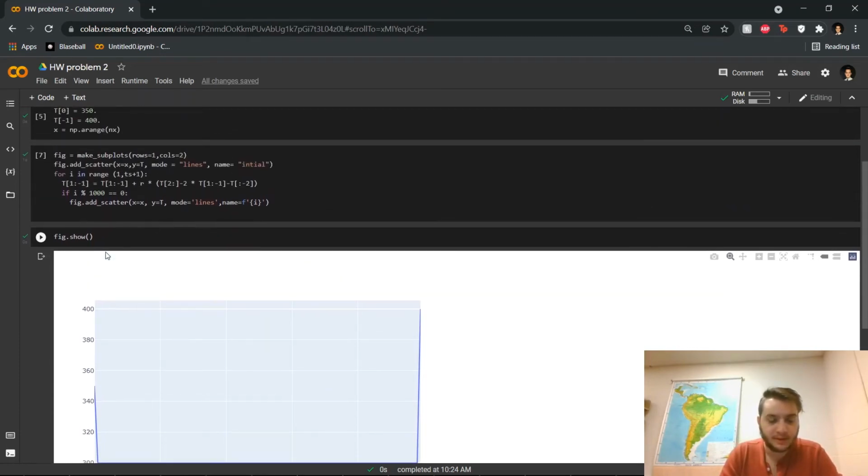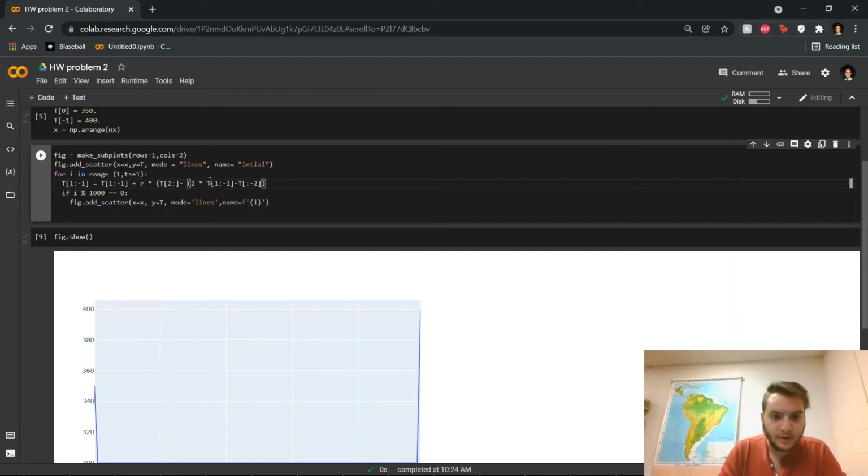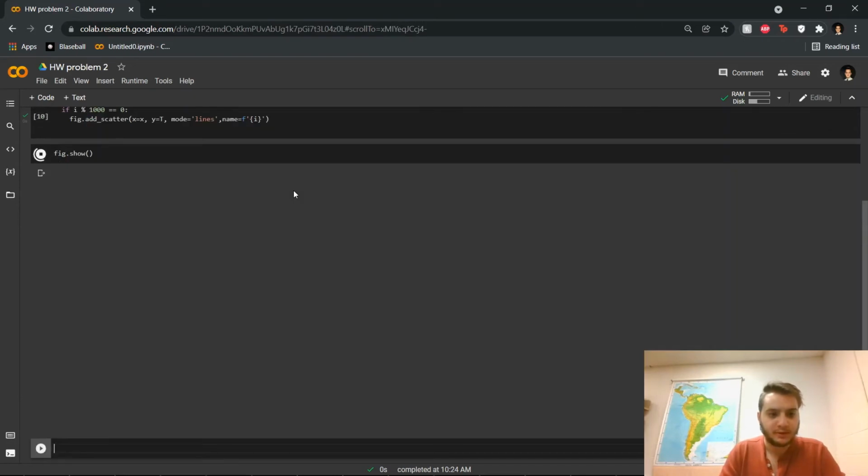So now we have a nice graph here. Put this in its own little parentheses, because that's not what the graph is supposed to look like.